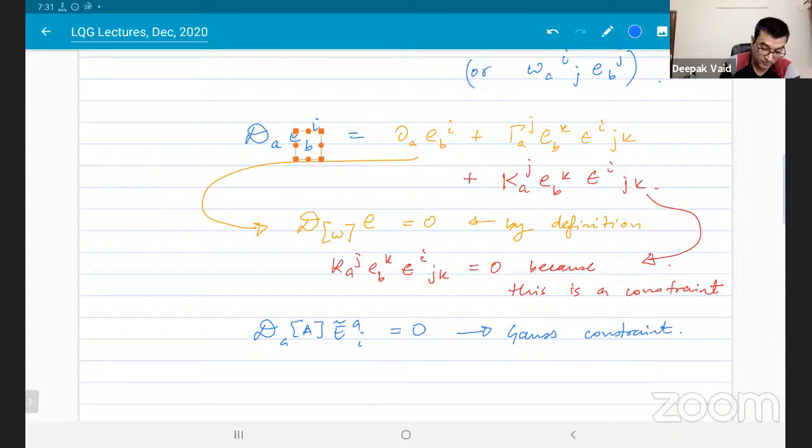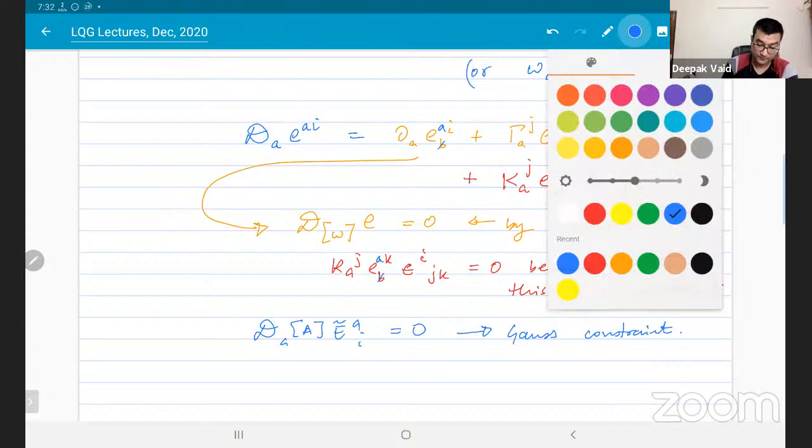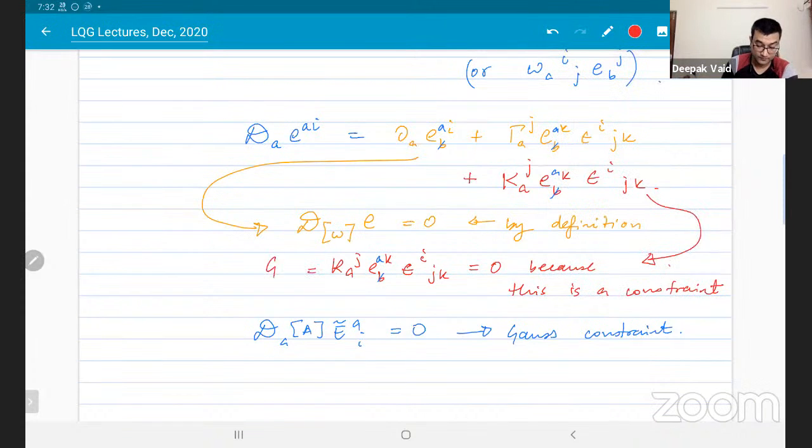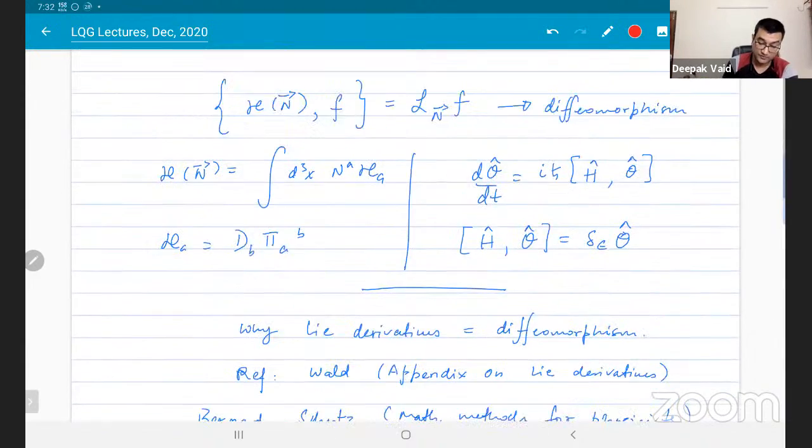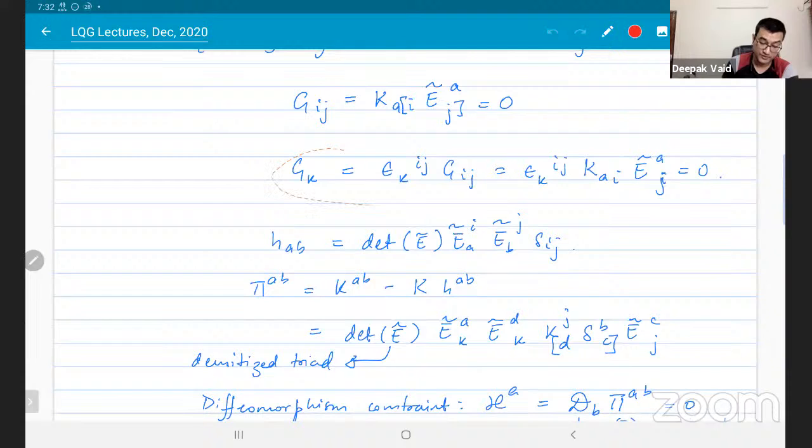So there should also be a contraction here. You can just replace all the B's with A's. This is your G of I that we defined earlier. G of I was this quantity, right?